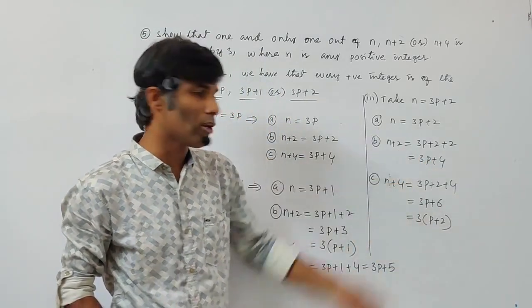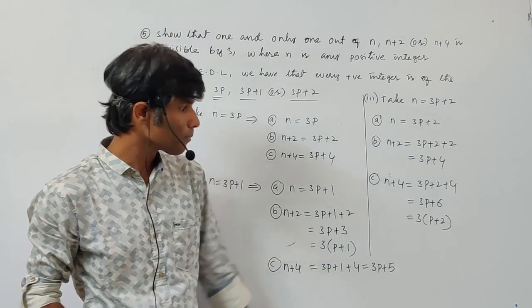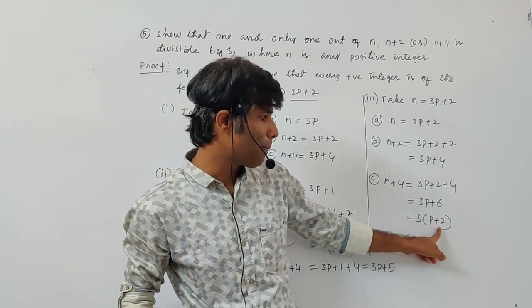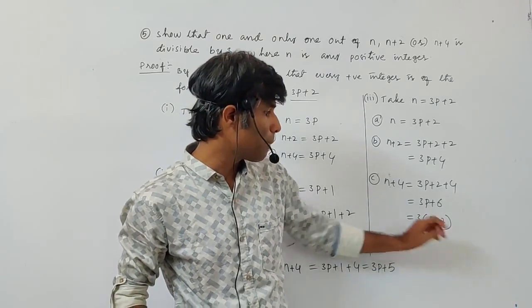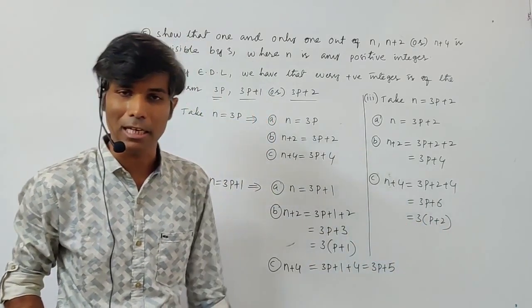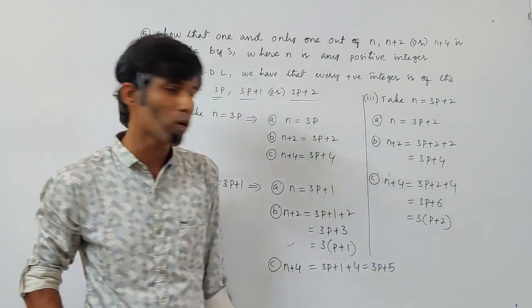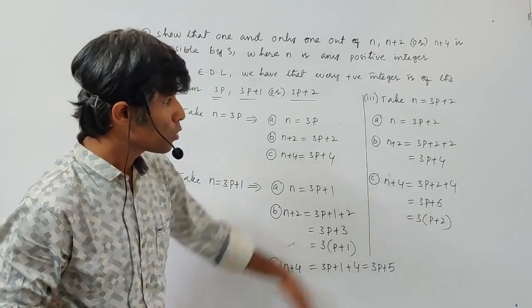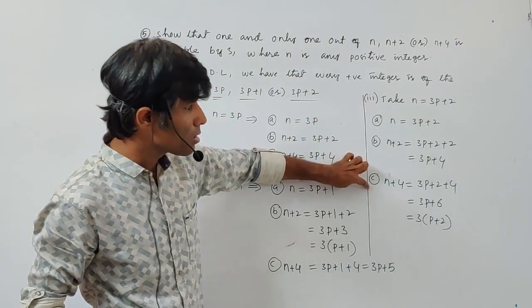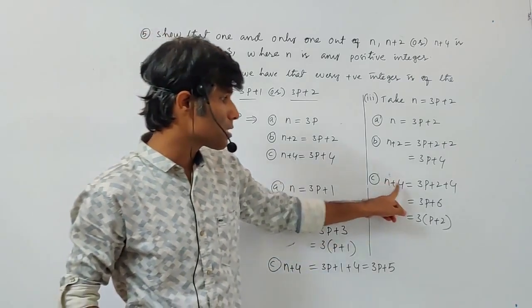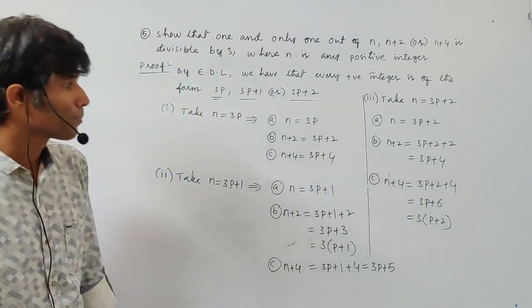Therefore, the n plus 2 value is not divisible by 3. Again, the n plus 4 value is 3 into p plus 2. Then you can say that it is a multiple of 3. Therefore, it is divisible by 3. Therefore, n plus 4 is divisible by 3. So, among these three numbers, only one number is divisible by 3, that is n plus 4.